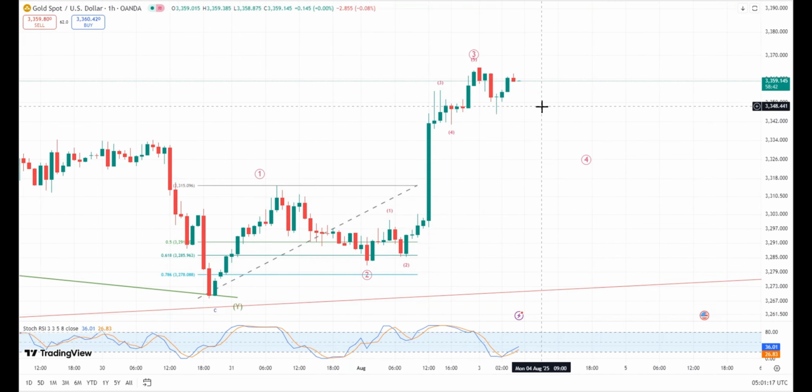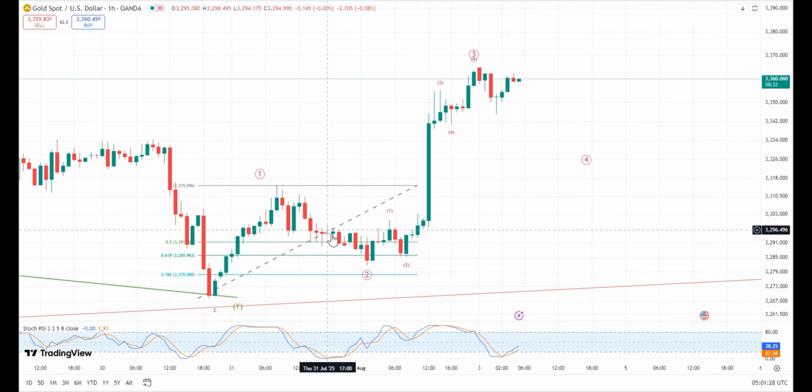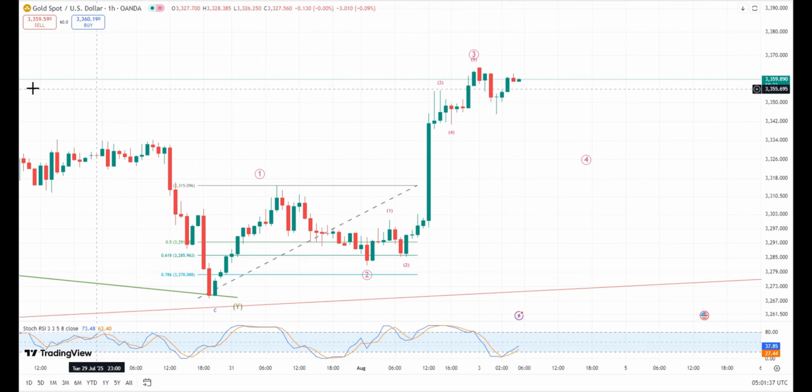And one of the Elliott wave principles is that wave 2 and wave 4 alternate. When wave 2 is complex, wave 4 is more going to be like a simple ABC correction.